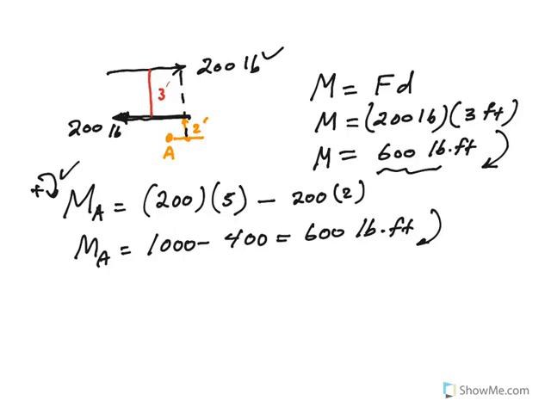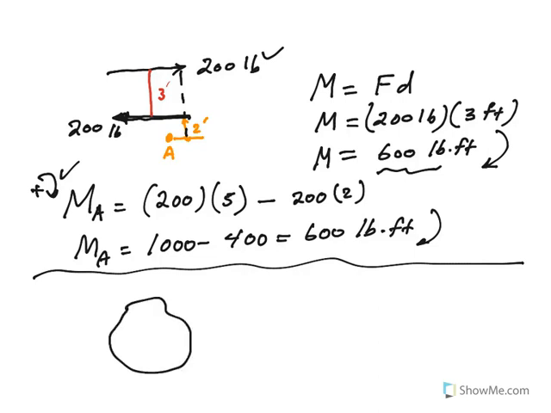Now you could actually have a bunch of couples and find the resultant couple. For example, let's say you have a 100-pound force here and a 100-pound force, with a perpendicular distance of 2 feet, and then maybe a 50-pound force here and a 50-pound force here with a distance of 2 feet, again a perpendicular distance.